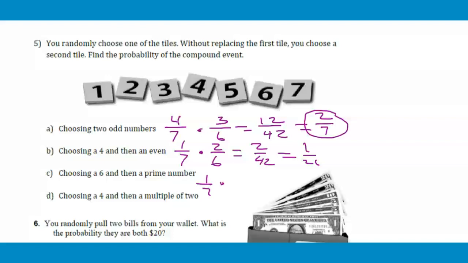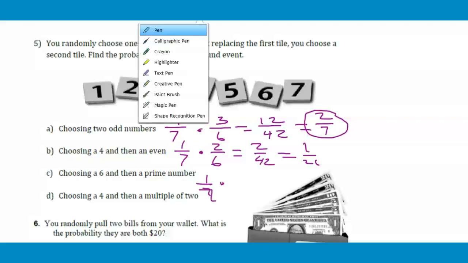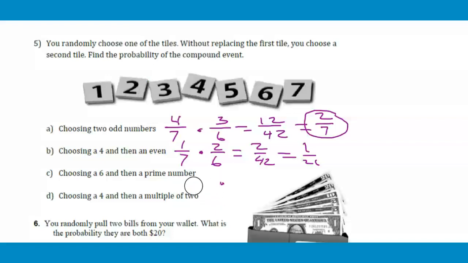So we start off with getting a 6, probability is 1 out of 7. Probability of getting a prime number, there are 6 numbers left. 2, 3, 5, and 7, so that's 4. When I do that, that's 4 out of 42. We can simplify that to 2 out of 21.